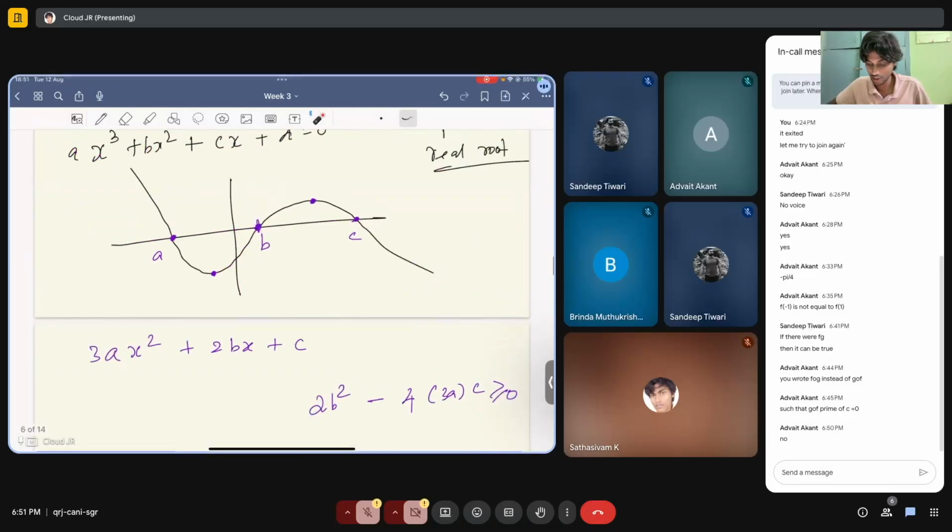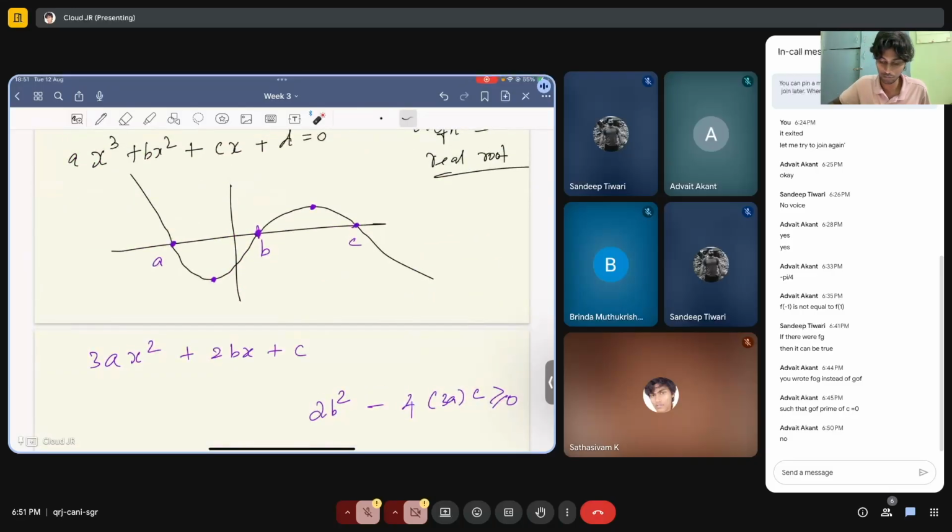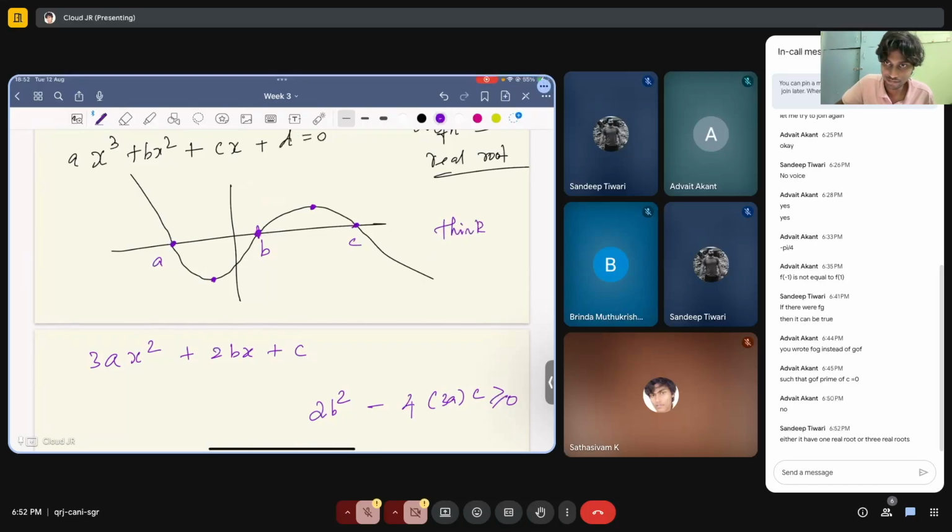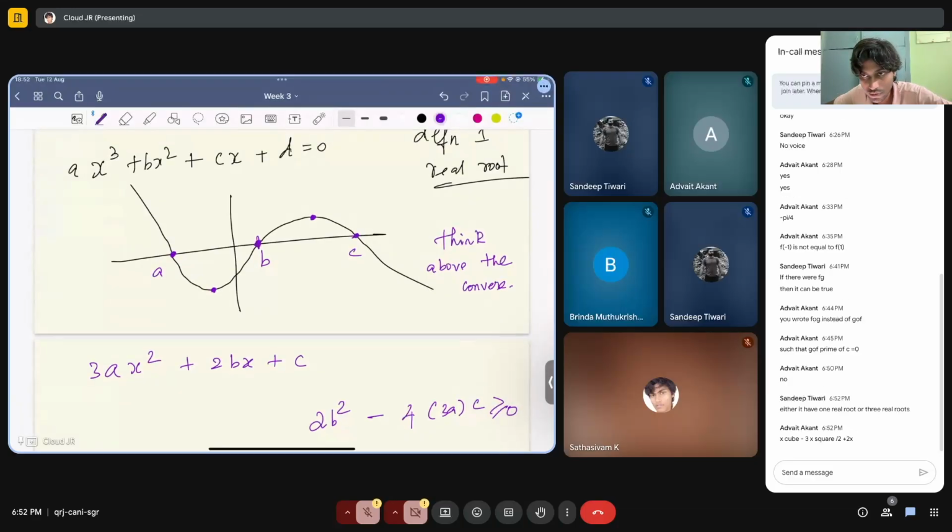I'm just telling you there are interesting things one can do. Maybe you can think about the converse. I will write here. Yes, that is true: either it has one real root or three real roots. So maybe you can try to prove whether it's true. One can of course use complex analysis and prove it, but okay.